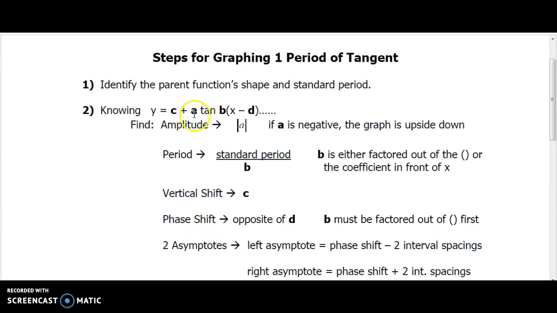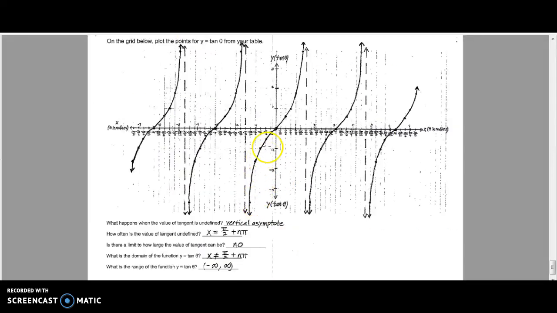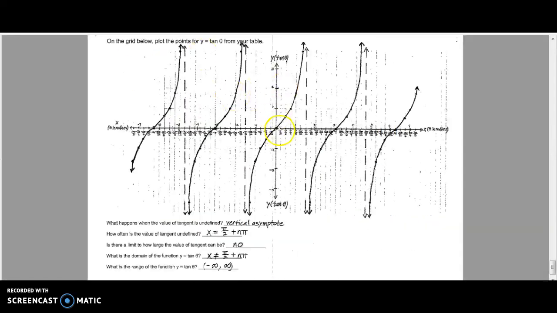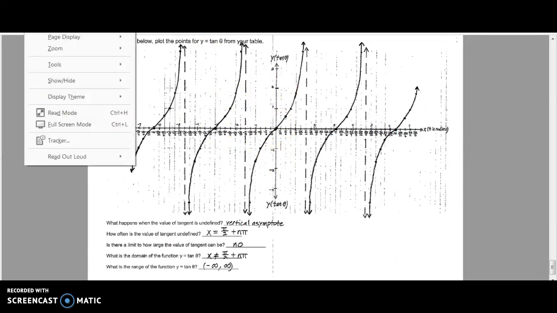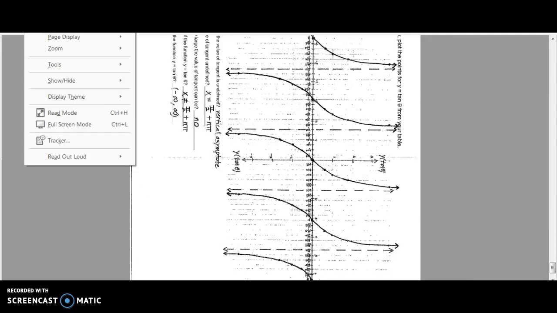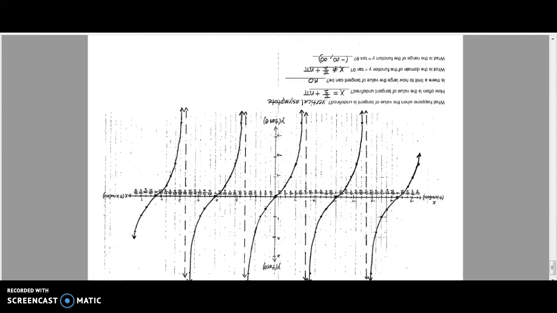If it's positive, then you have this shape. If it was negative, it would be reflected. So I can actually do that here. Let's just rotate this page. Oh, no, I guess that didn't work, did it? No, it wouldn't look like that.